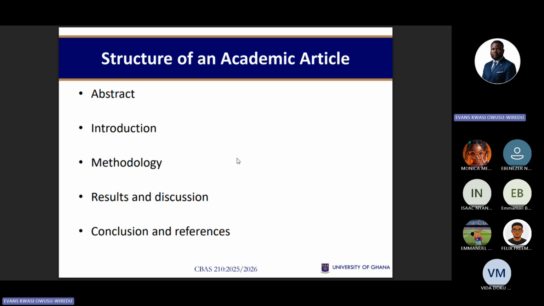What are some of the things, the methodology, or the way it's presented, the structure, right? The structure of an academic article. When you pick an academic article from the beginning to the end, how would it look? If you are to draw a map based on an academic article, how are you going to see it?